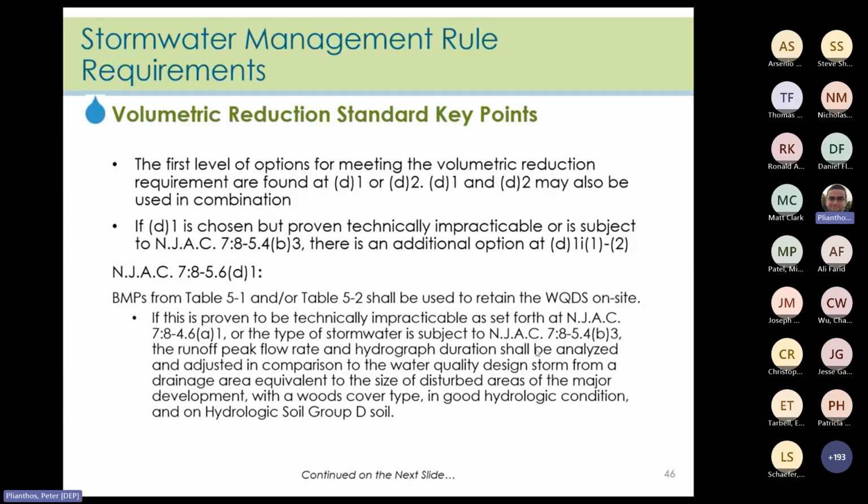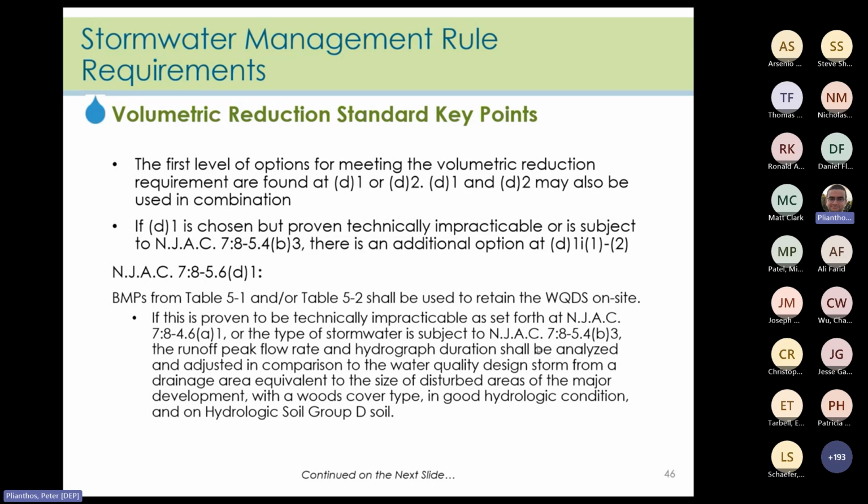So there are mainly two levels to the standards. The first level is found at NJAC 7:8-5.6(d)1 and 2. Either D1 or D2 may be used to meet the standard, or they may be used in combination. So this slide focuses more on D1, and then D2 is on the next slide.